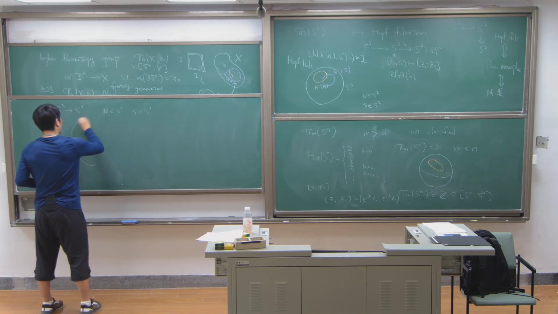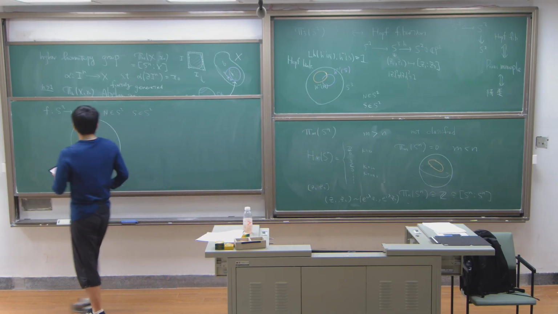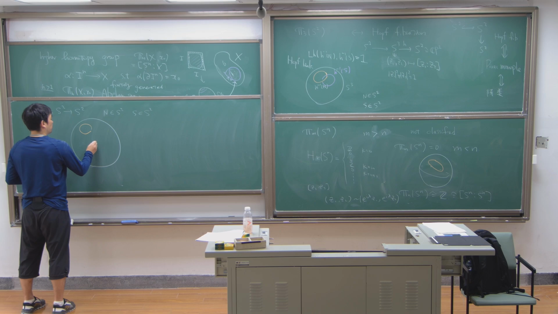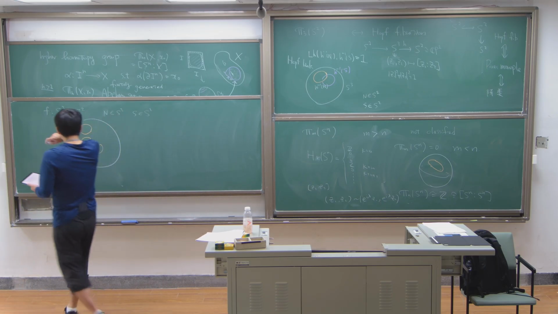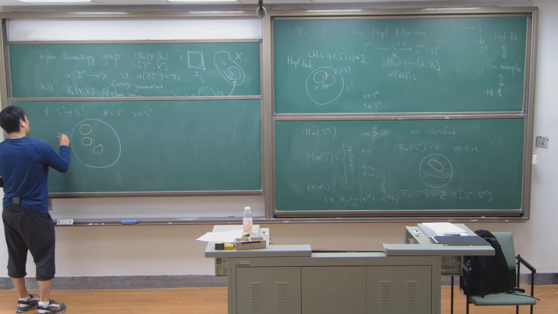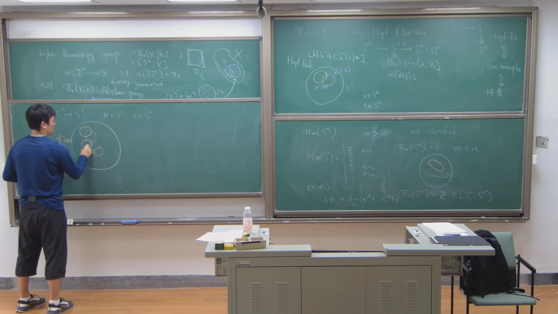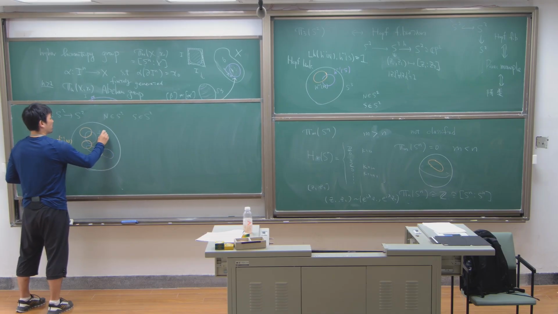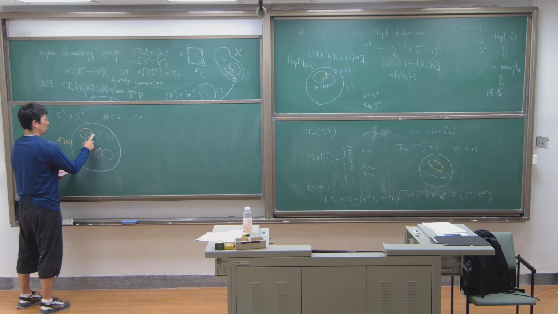The preimage of the north pole is essentially a disjoint union of circles. Then look at F inverse of the south pole, and look at how they link together.